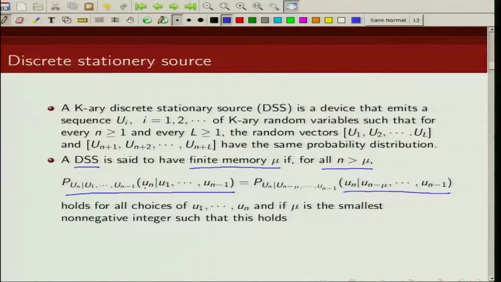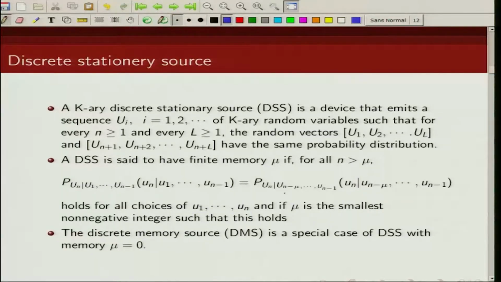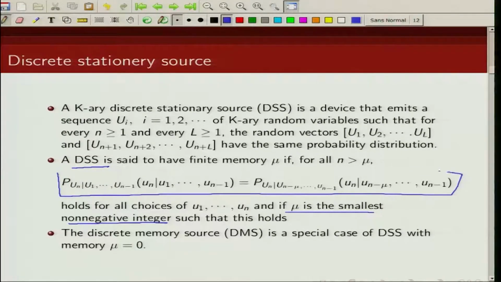That is, the probability of Un given U(n-1), U(n-2), up to U1 is the same as the probability of Un given U(n-1), U(n-2), up to U(n-mu), for all choices of U1, U2, and so on. Then we say this source has a finite memory mu, where mu is the smallest non-negative integer for which this relation holds.